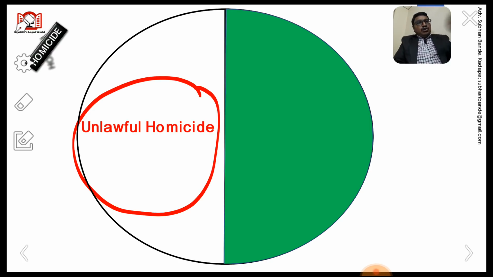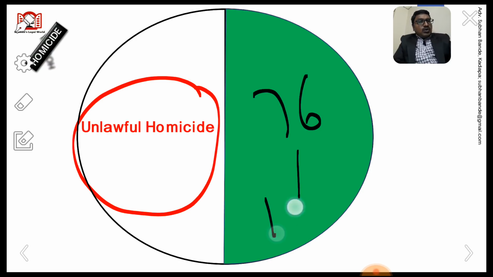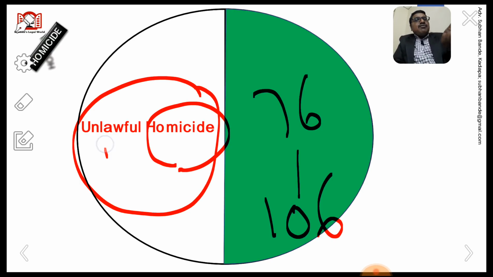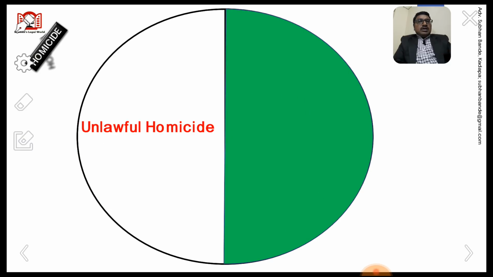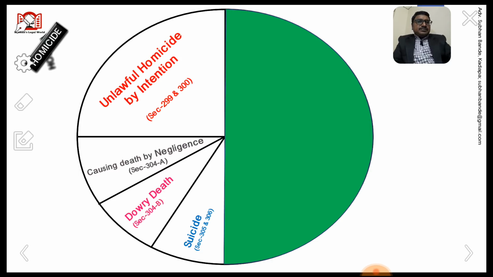If a human being kills another human being without any exceptions specified under sections 76 to 106 of Indian Penal Code, then such kind of homicide becomes unlawful homicide. There are different unlawful homicides enumerated in Indian Penal Code. Let us see those unlawful homicides.